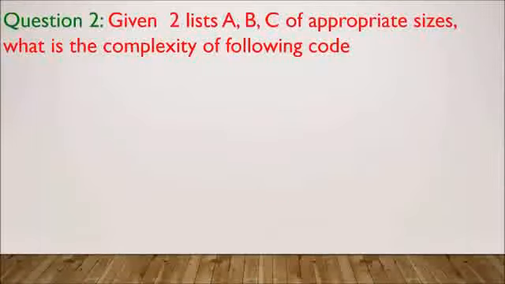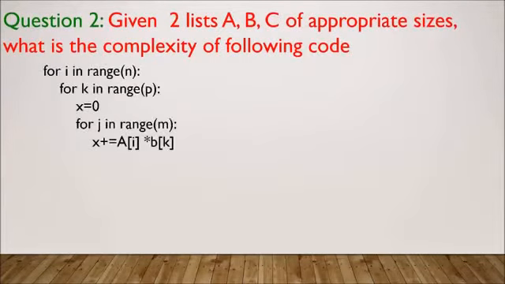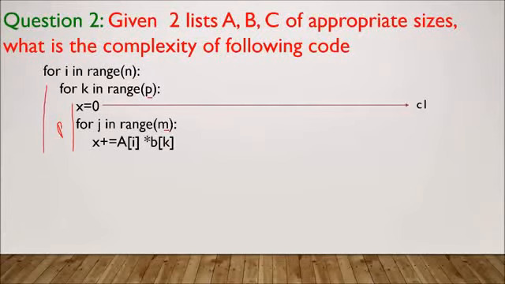Next question: suppose there are three lists A, B and C, and you have to find the efficiency. I have used only two lists, capital A and small b. So the first for loop will be executed n times, and the second for loop will be executed p times. After that, suppose x takes constant time C1, and the third loop will be executed m times.